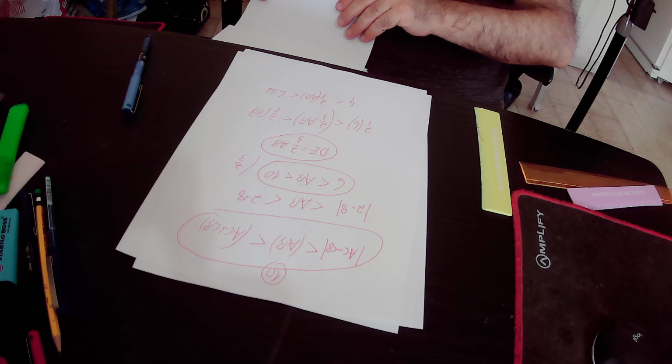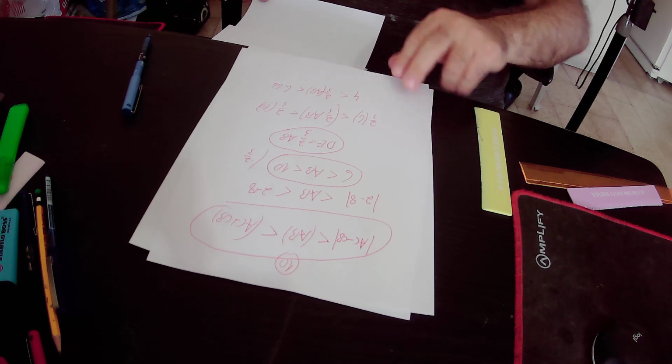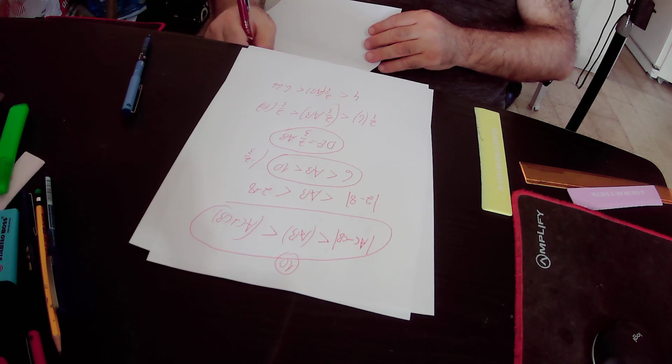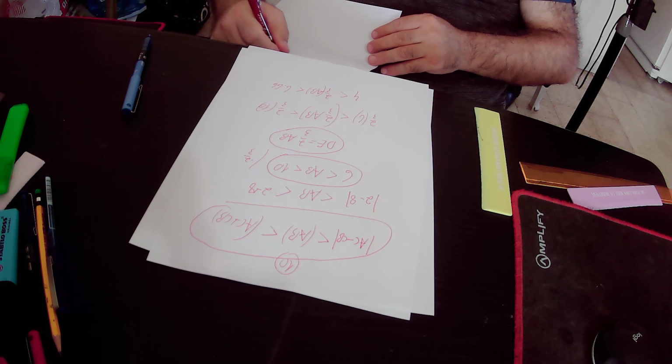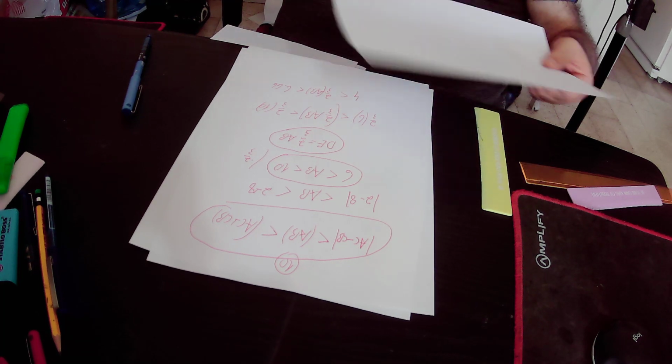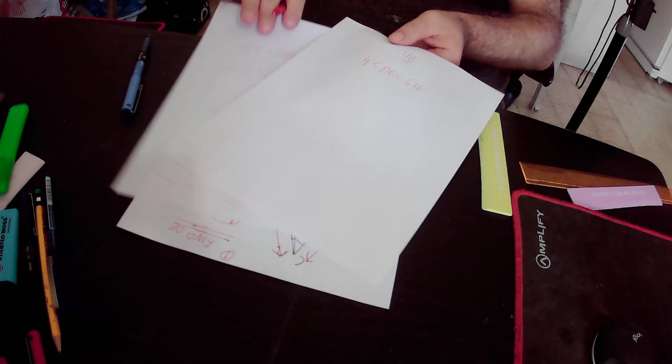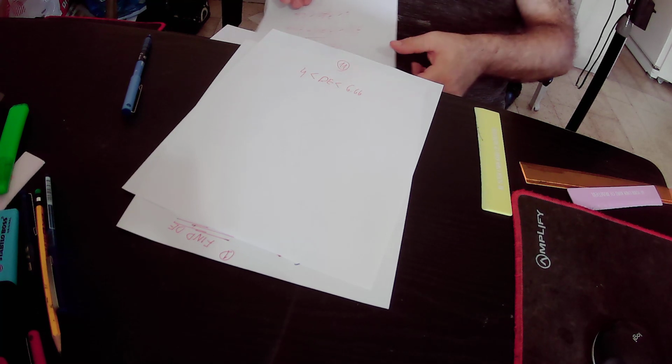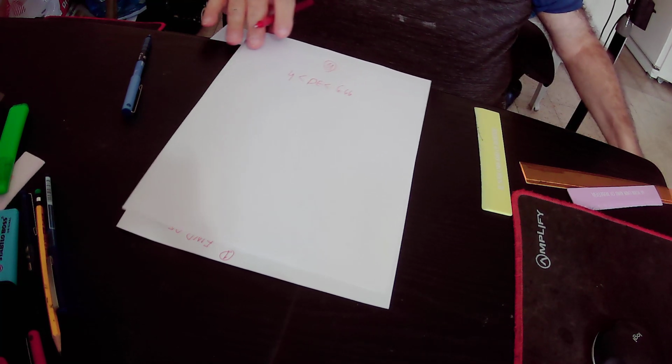And we will get that dE is greater than 4, and it is smaller than 6.66. Okay, we substituted 2/3 AB by dE, and we got this inequality.